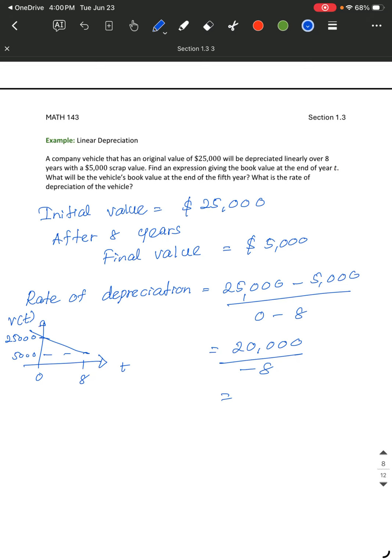What about the value? Negative $2,500. So let's write the linear function.